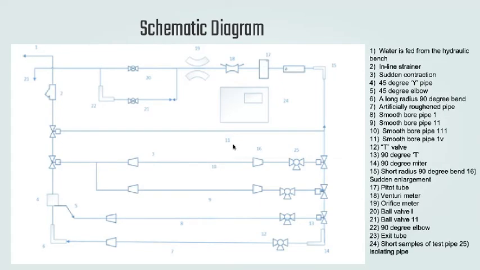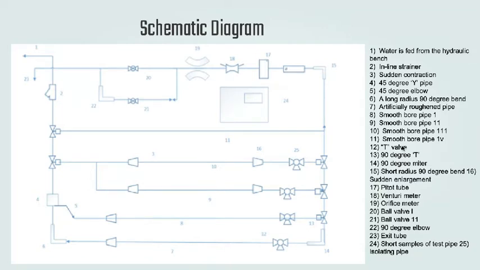So the first important part is the water, because the process fluid in this experiment is water, so the water must be fed from the top, which is from the hydraulic bench. Number 2 to number 15 are the different types of fitting. They have different shapes, different geometries, and of course a different K factor.